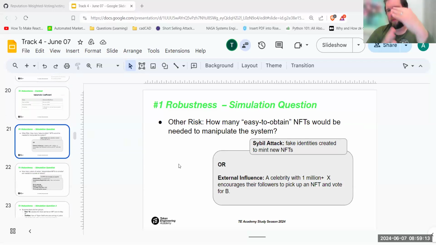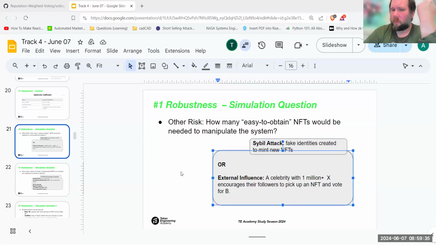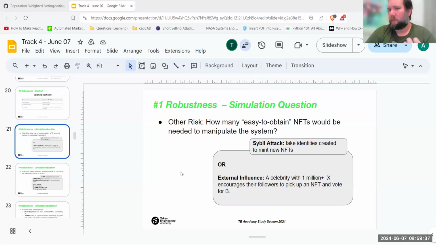So the other risk is from the bottom up. You can either have a Sybil attack, which is where you have one person or one organization creating lots of fake accounts to mint easy to obtain new NFTs, and then just flood with those fake voters. Or you could have a similar thing if there was some sudden external influence.